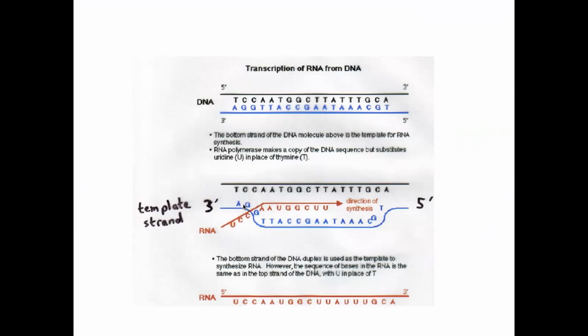Okay, so there's a couple of ideas I want to point out in this diagram here. This is just a diagram, again, indicating a transcriptional event. So here's a double-stranded DNA molecule at the top. The two template strands held together by Watson-Crick base pairs. The two strands are anti-parallel to each other.